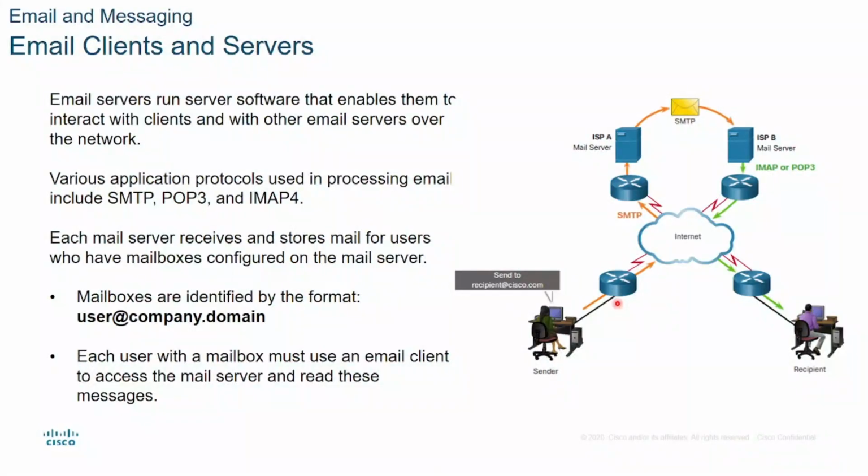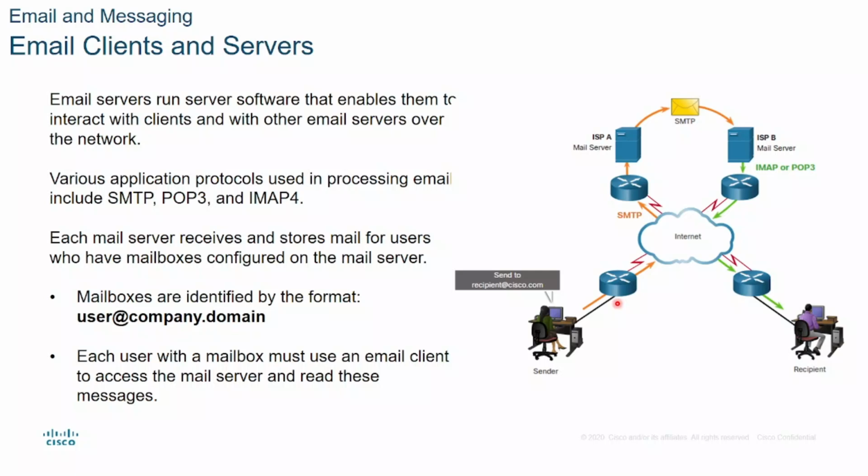Email and messaging. Email servers run server software that enables them to interact with clients and with other email servers over the network. Various application protocols used in processing email include SMTP (Simple Mail Transfer Protocol), POP, and IMAP.